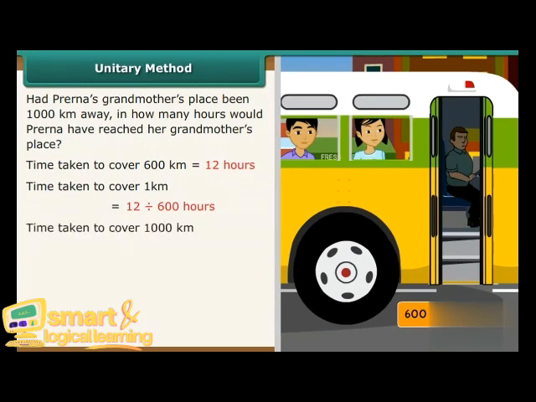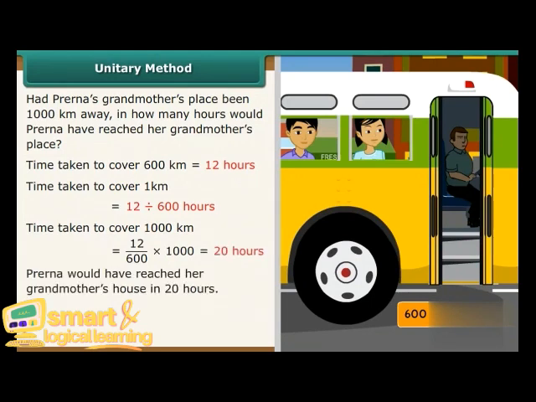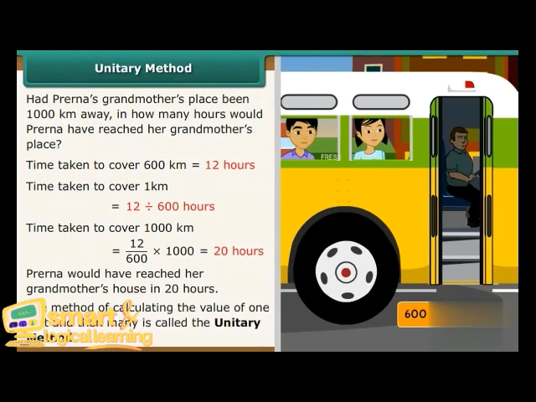Time taken to cover 1000 kilometers is equal to 12 upon 600 into 1000, which equals 20 hours. Prerna would have reached her grandmother's house in 20 hours. The method of calculating the value of one first and then many is called the unitary method.